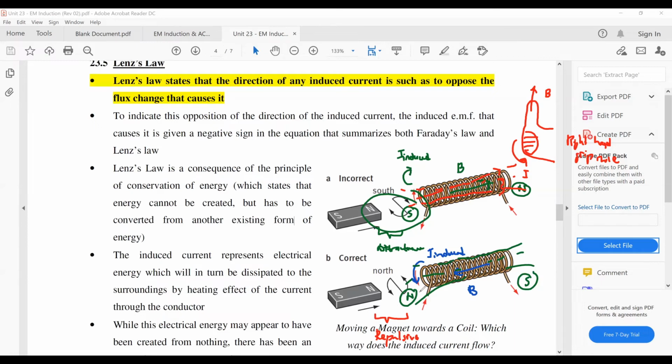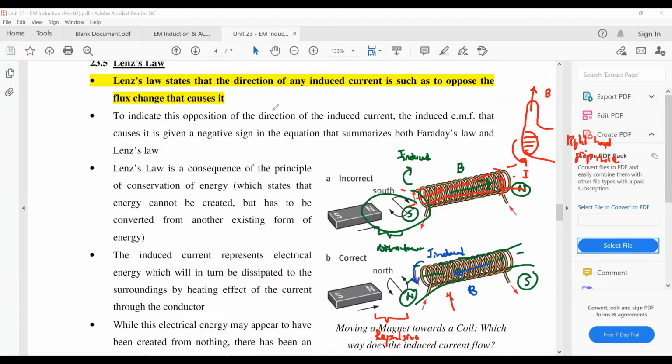So this one follows conservation of energy, which tells you that energy must come from something. In this case, your electrical energy in your coil came from the work that you do to push the magnet in.